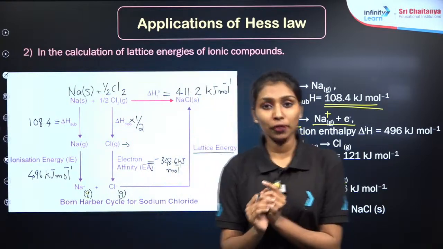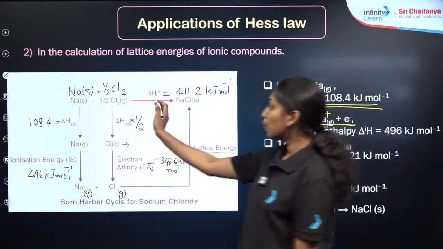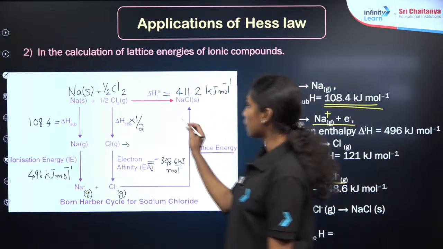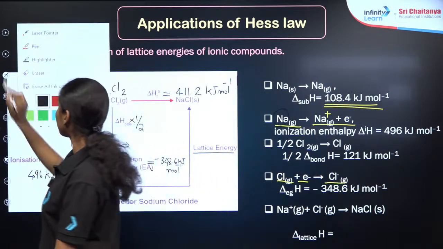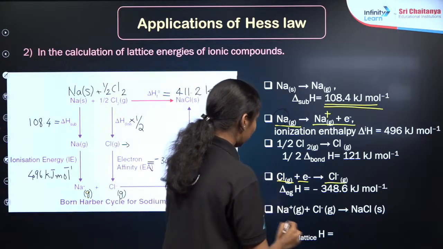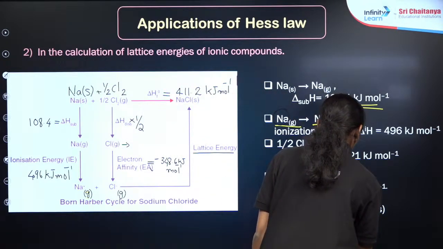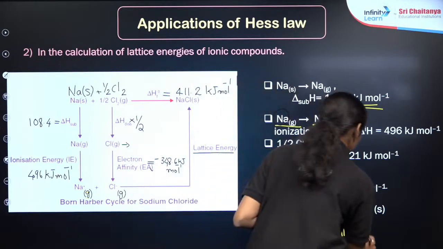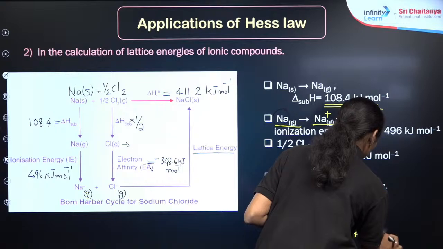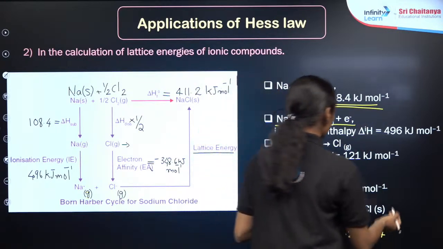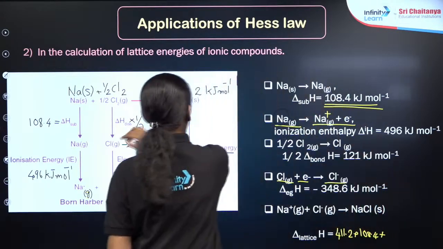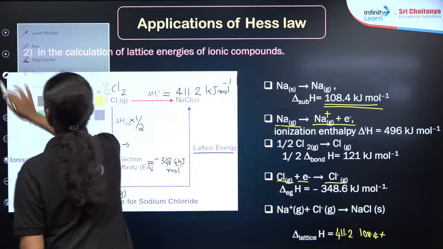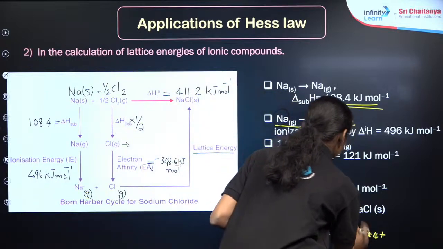Now, according to Hess's law of heat summation, the sum of all these processes will be equal to the lattice enthalpy of NaCl. So I will be taking the sum here. First one, 411.2, which is the delta H formation of NaCl, plus 108.4, that is the sublimation enthalpy.